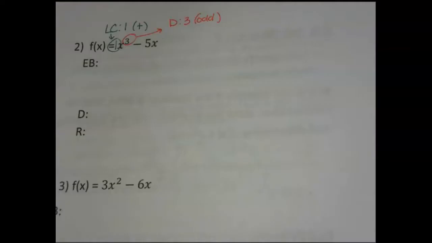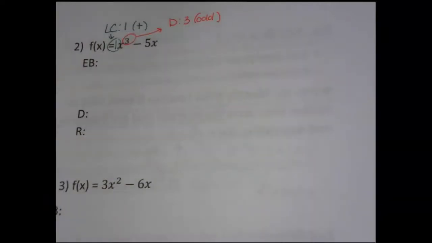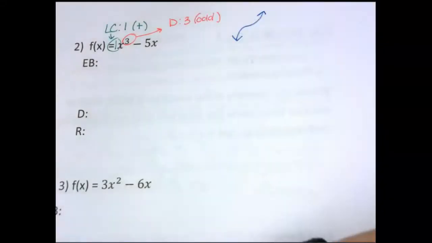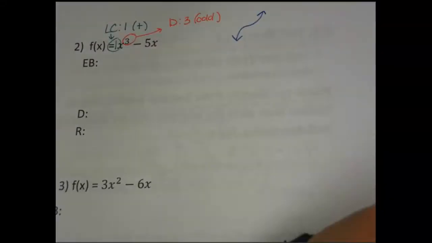Then we also want to look at the degree. Remember, degree is our biggest exponent. And in this case, we care if it's even or odd. And in this one, it happens to be odd. So if you look at your chart, a positive odd graph will have their ends going different directions, but will be increasing from left to right.